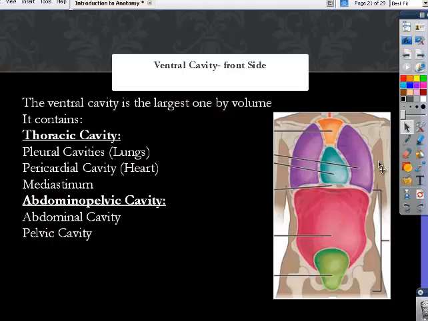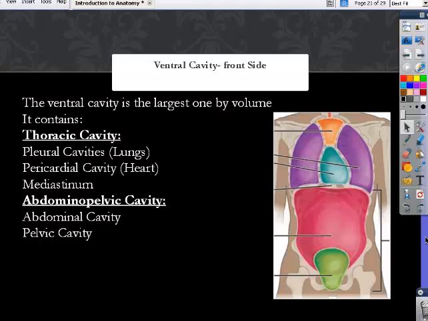The next cavity that we have within the ventral cavity is the abdominopelvic cavity, and I made the joke that the abdominopelvic cavity is kind of like the celebrity couples that merge their name together. We have, like, Brad Pitt and Angelina make Brangelina, something like that.